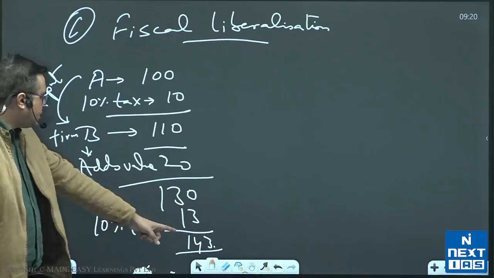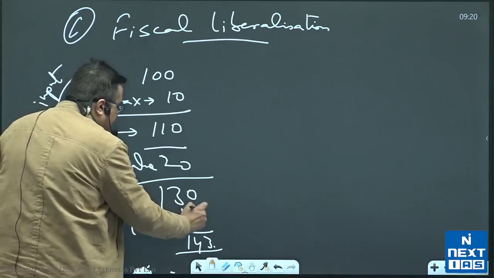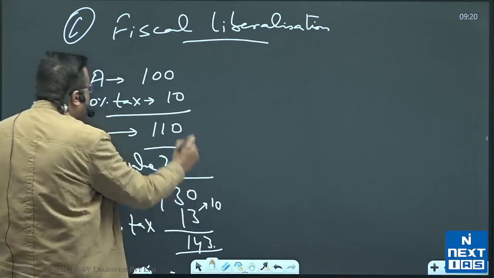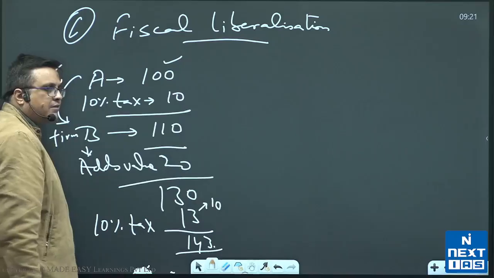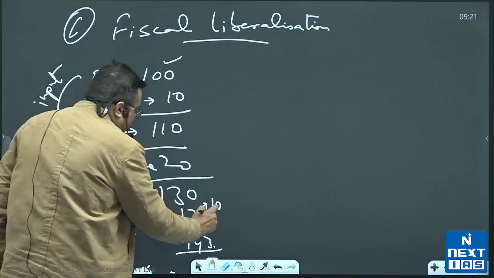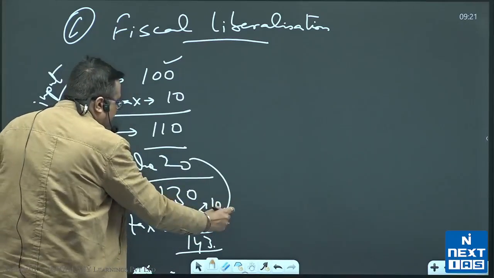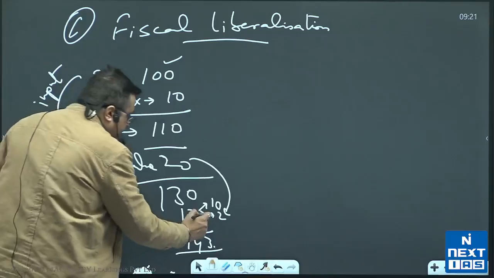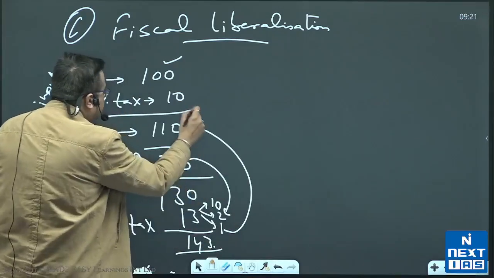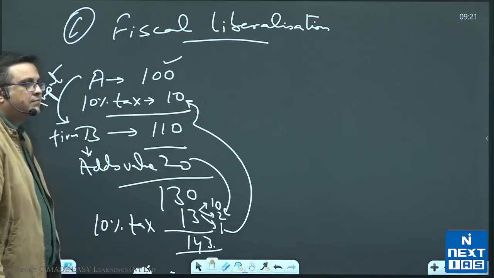Why? Think, this 13 rupees tax that had to be paid here, out of it 10 rupees tax was again levied on this input, 2 rupees tax on this value addition, and 1 rupee tax on the tax that was paid. You see that?